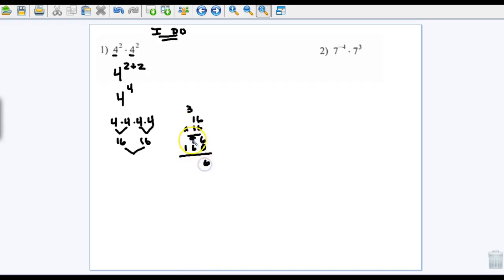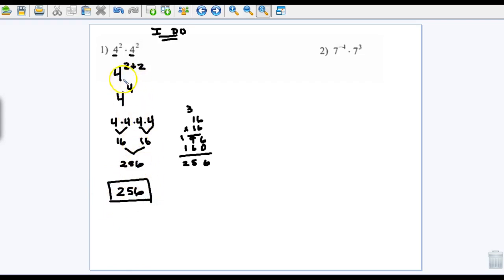Bring down my 6. 9 plus 6 is 15. Carry my 1. That's 2. So 256 is my answer. And that is solving.